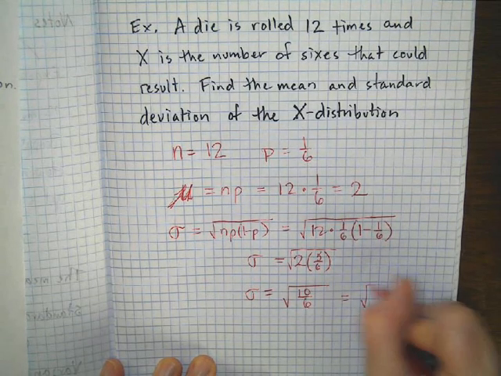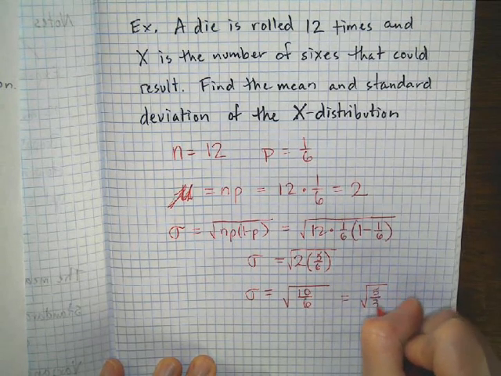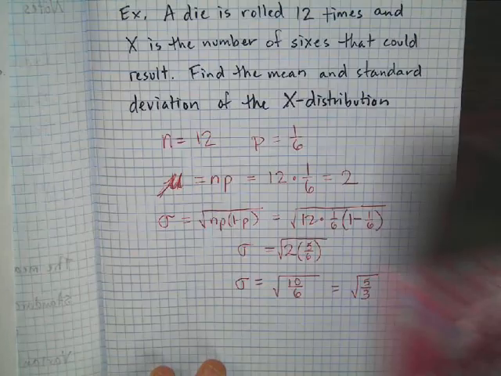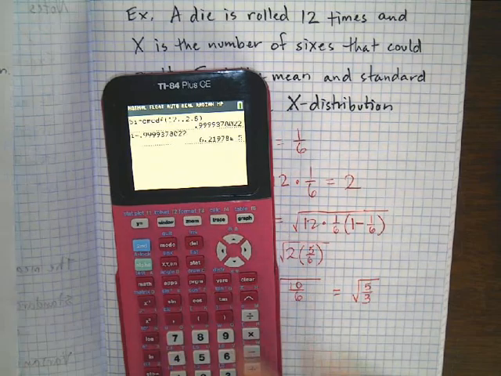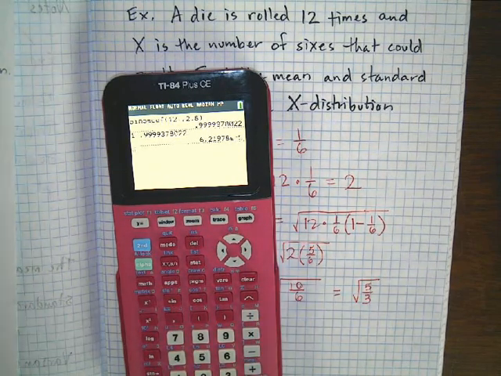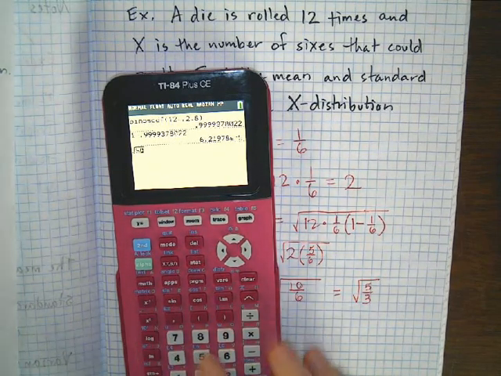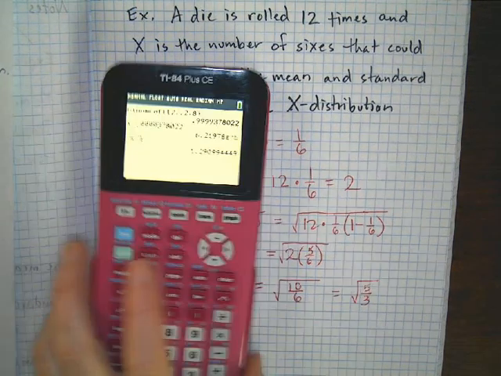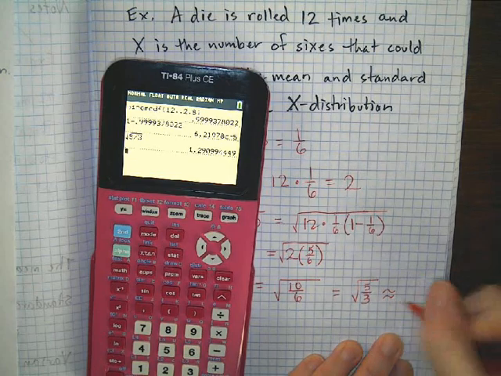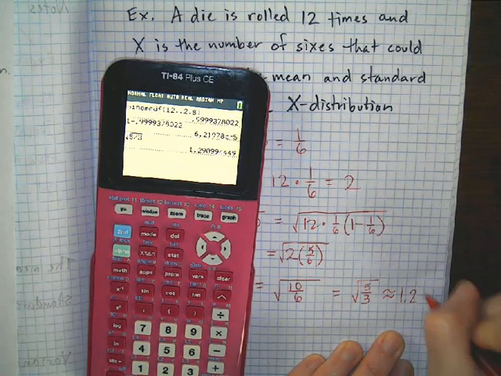And I get the square root of 5 over 3. If we're in math space and it asks us to round that off to a certain place, then we would obviously use our graphing calculator. So I want the square root of 5 divided by 3, and I get 1.29. So approximately equal to 1.29 is the standard deviation.